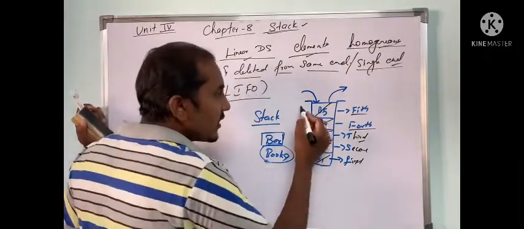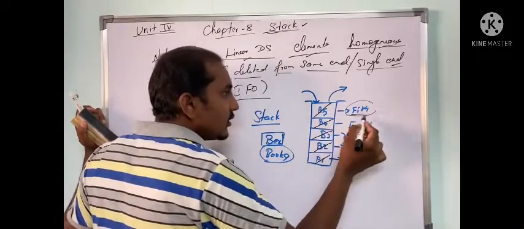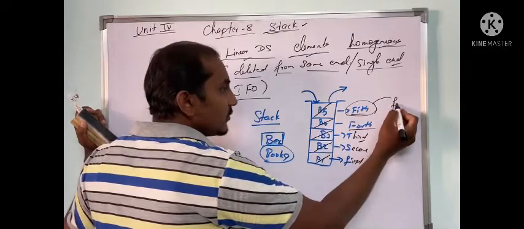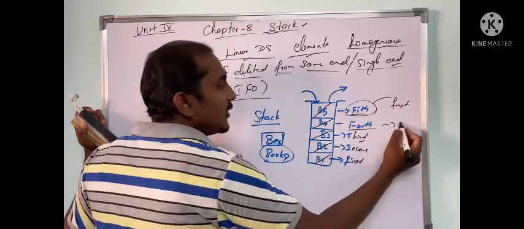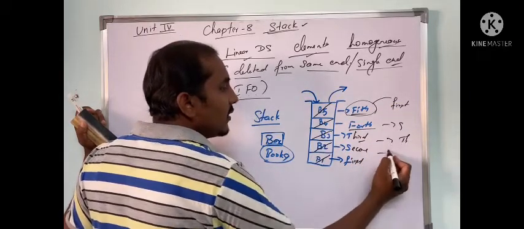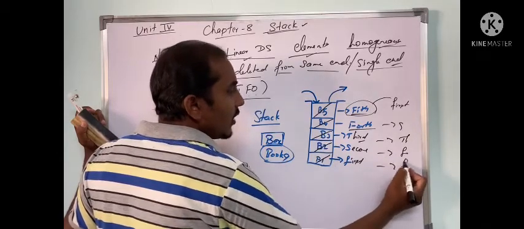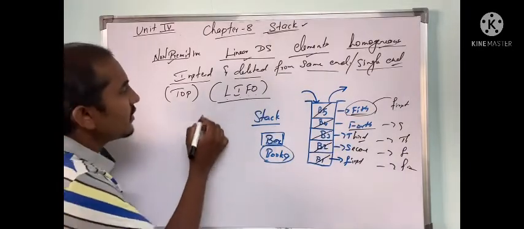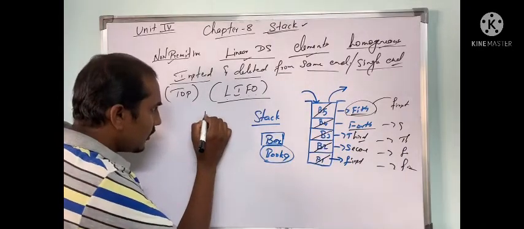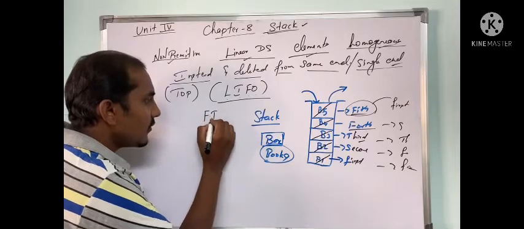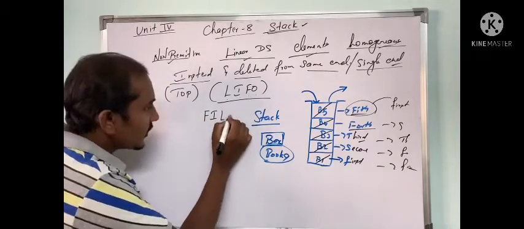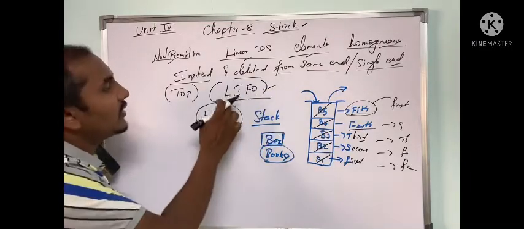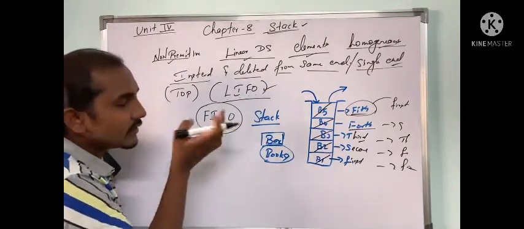The element inserted last, which is the fifth book, comes out first. Whichever element you have inserted first comes out last. Stack works in the form of last in first out, or first in last out.